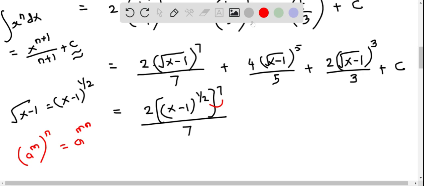So when we use this rule, this could be rewritten as 2 times x minus 1 raised to the power of 7 by 2 over 7.